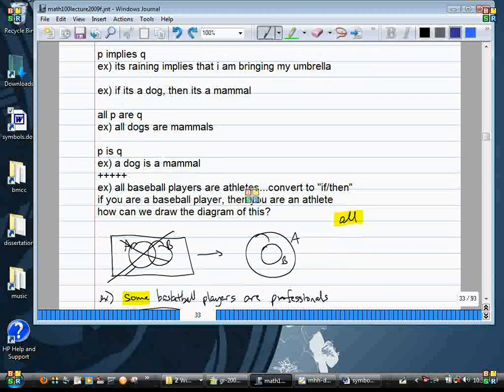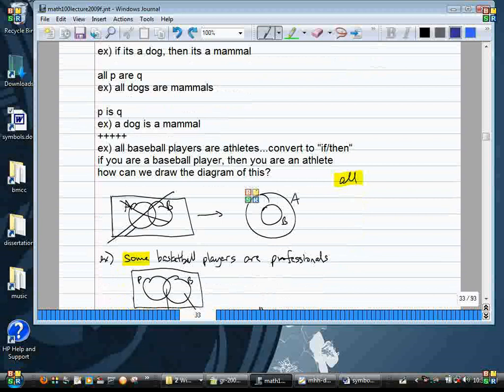What about the statement, some basketball players are professionals? How would you represent that in terms of a Venn diagram? Yeah, then you do the regular thing. Exactly.